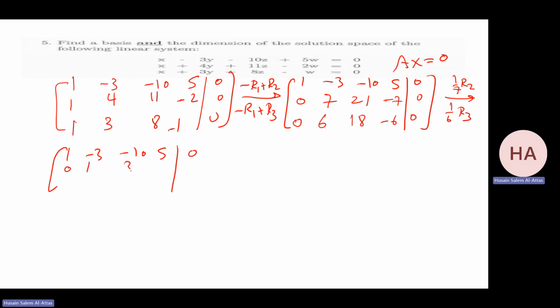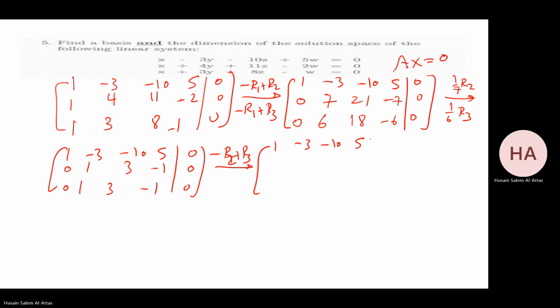I have 0, 1, 3, -1, 0. Then minus R2 plus R3. Give me this: 0, 1, 3, -1, 0, and 0, 0, 0, 0, 0.